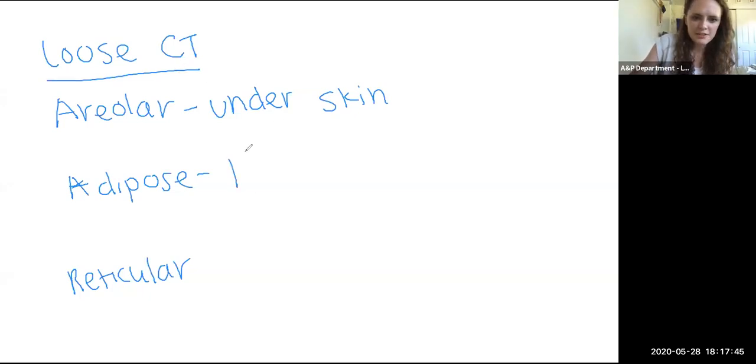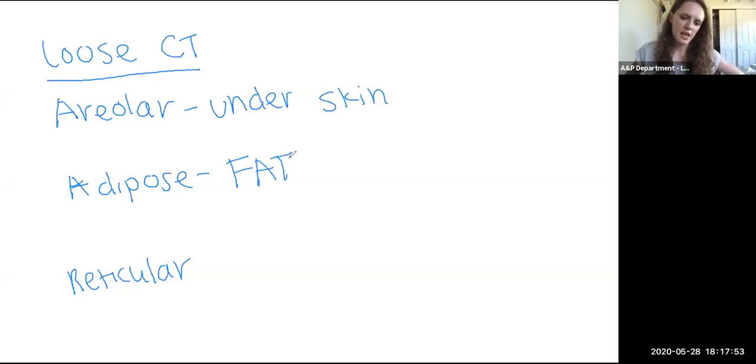Adipose tissue is fat. So think where you would find fat, and that's where you'd find adipose tissue. You find it on your hips, on your legs, on your stomach, anywhere you have fat. This is also under the skin, but it's going to be under that areolar. So you have your stratified squamous epithelium, areolar tissue, adipose tissue.